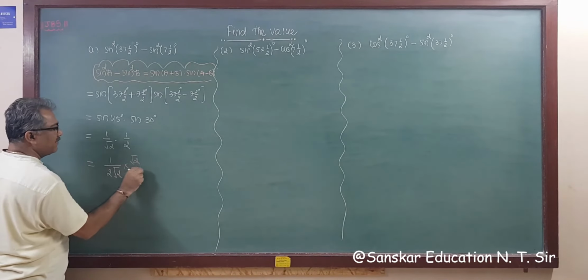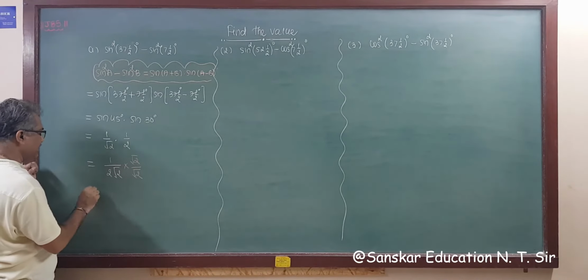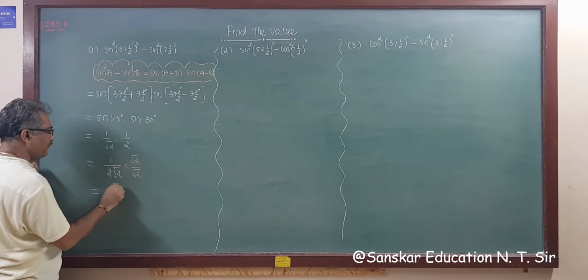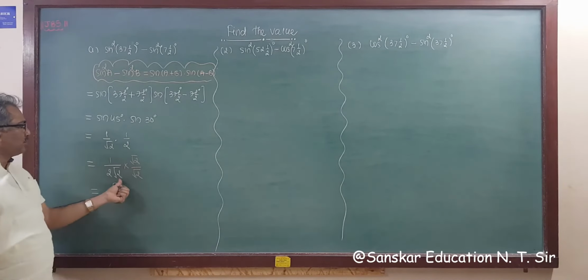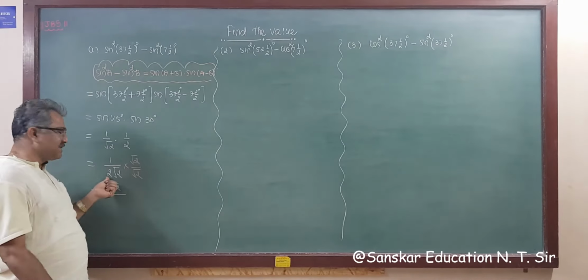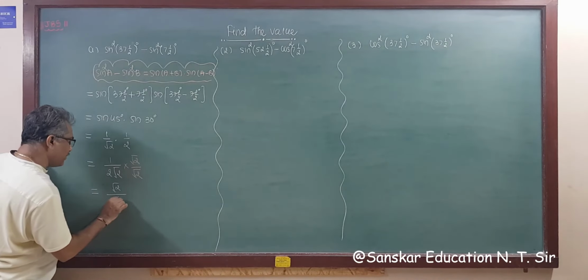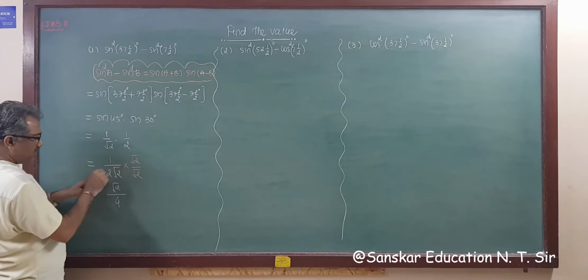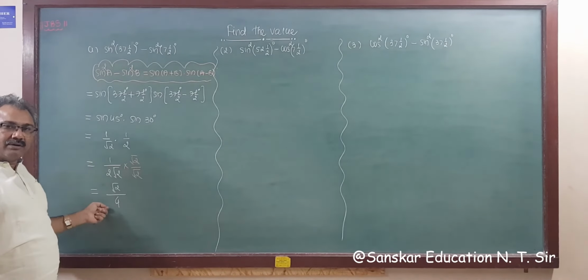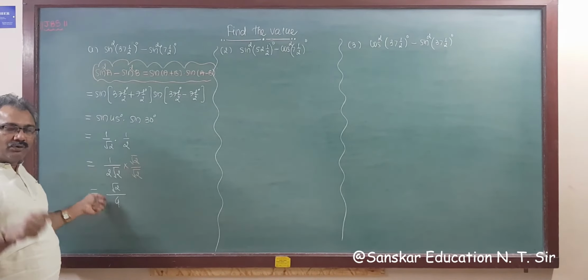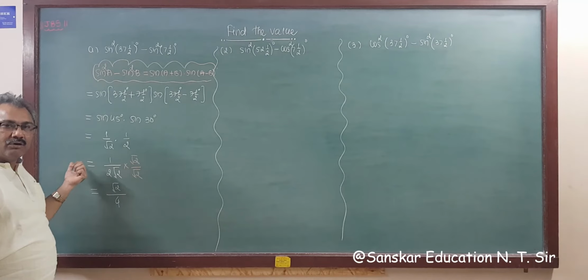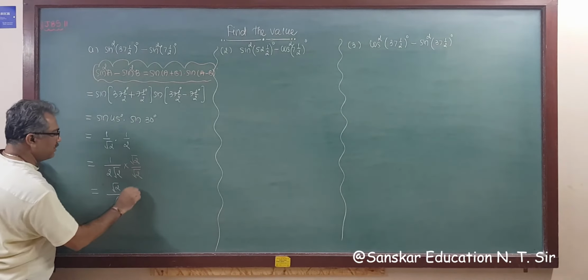The answer will be root 2 upon root 2 into root 2 is 2, and this is 2. So the answer is root 2 by 4. Either this is your correct answer, or this. In an MCQ you have to go according to what is given in the options.